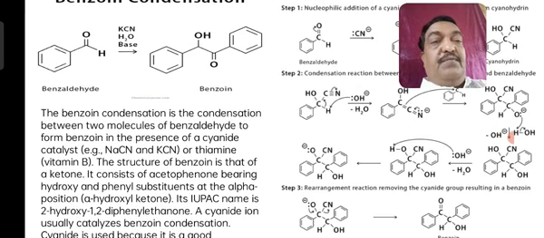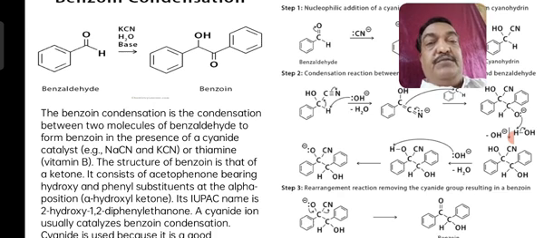The structure of benzoin is that of a ketone. Okay, it's a ketone. It consists of acetophenone bearing a hydroxyl group and a phenyl substituent at the alpha position.